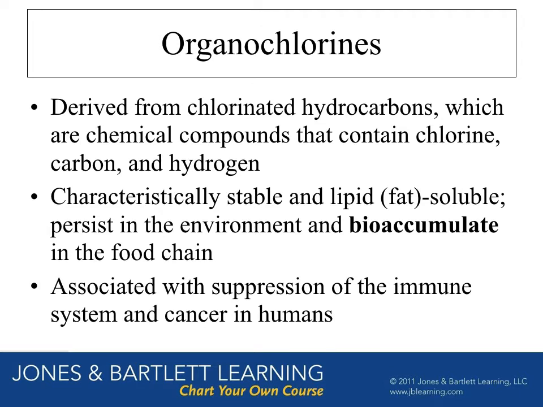And so persisting in the environment and bioaccumulation in the food chain occurs through storage of these residues in the fat tissue of an organism, be it a fish or a human being. In humans, organochlorines are associated with a lot of different things depending on the dose and the exposure, but primarily immune system depression and cancer.